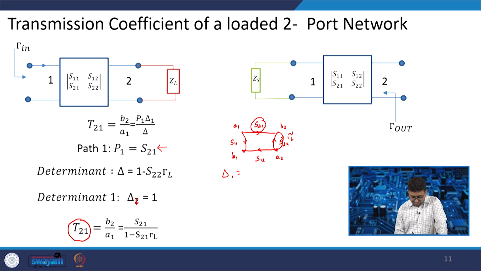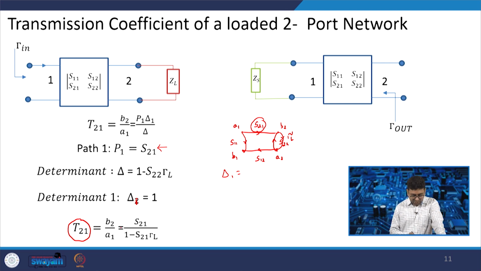And you will have a delta, because there is one loop, S22 gamma L. So, 1 minus S22 into gamma L. Once you put in this equation, you will have B2 by A1 equal to S21 by 1 minus S22 gamma L. So, this is the way you should find the transfer function by using the Mason's rule.